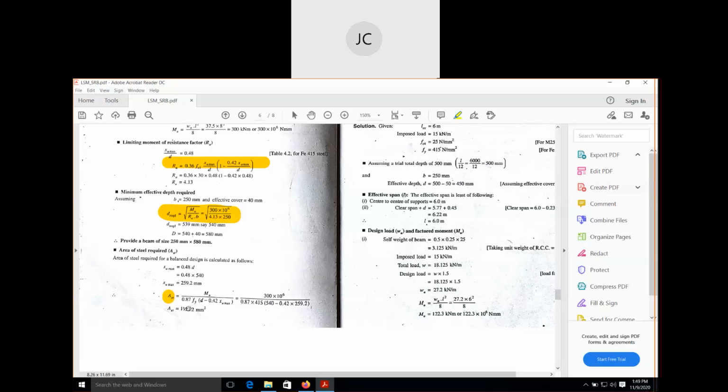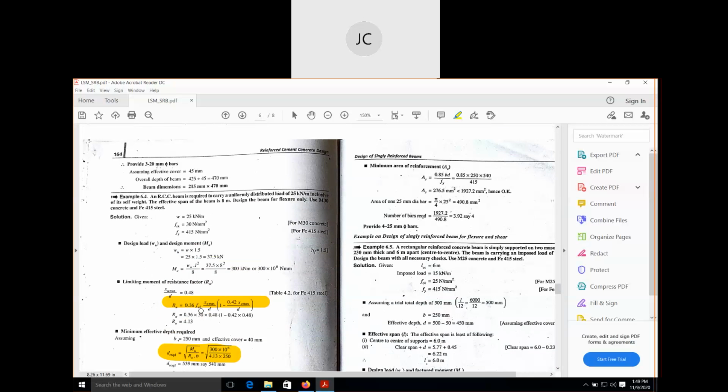Now after getting the area, we have to choose the diameter of bar. Since you can see the area is higher here, around almost 2000 square millimeters, we will provide a higher diameter bar. In this question they have assumed 25 millimeter bars.